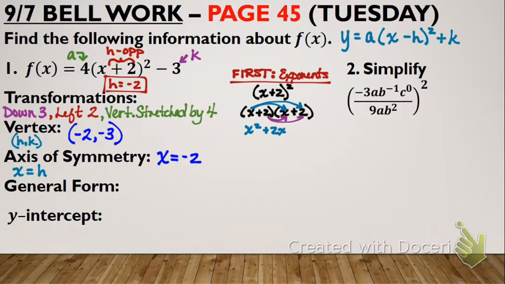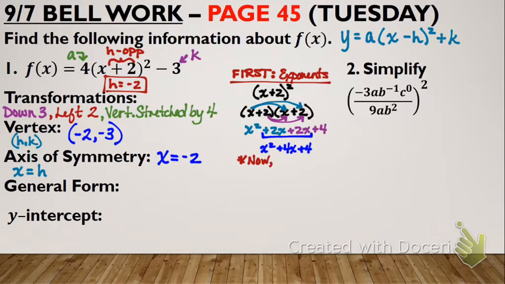And then I take the 2 and I distribute that to both pieces. Plus 2x plus 4. Are there any like terms that we can combine together? The 2x and 2x. So I end up with x squared plus 4x plus 4. That was just what I got from doing the exponents part.